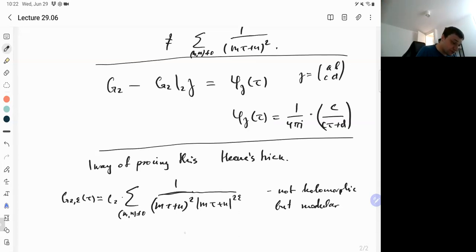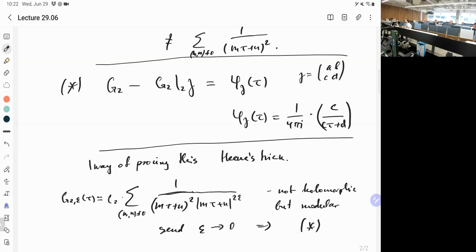And then you work out exactly what the Fourier expansion of this thing is, and then what the functional equation is, and then you send epsilon to 0. And then you recover this thing.